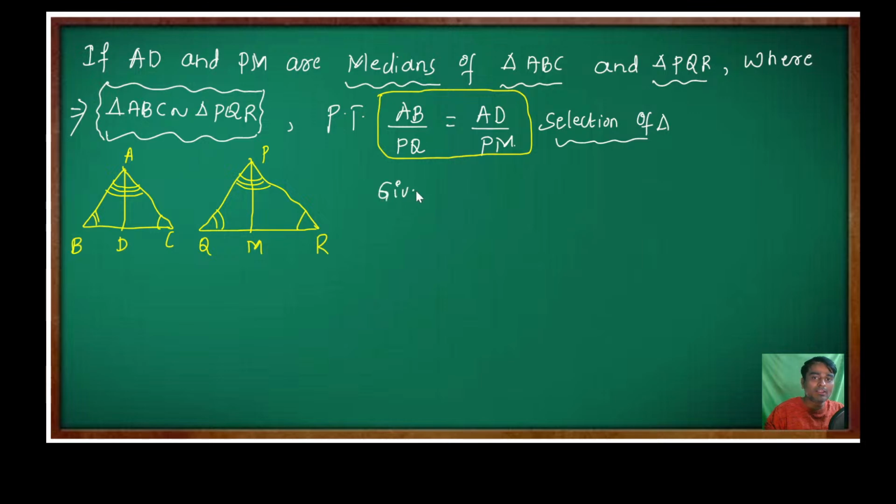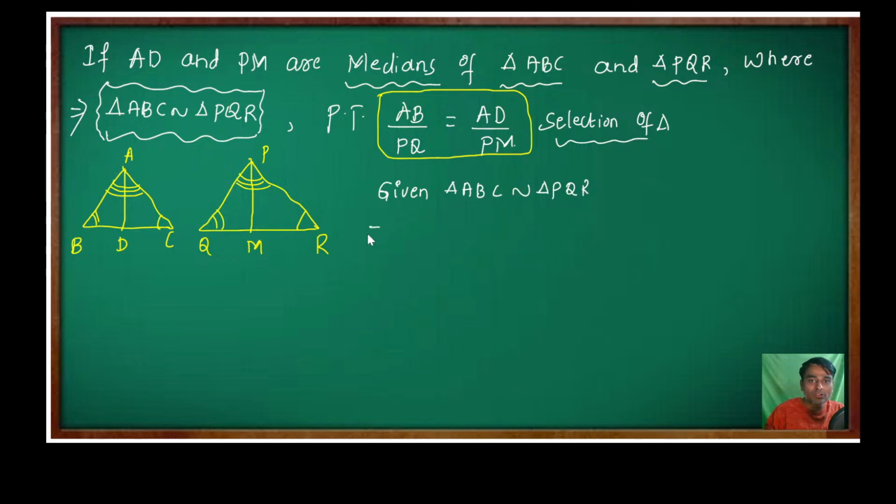Given triangle ABC similar to triangle PQR. If these two are similar, then by Thales theorem, that is by BPT, can we write the corresponding sides equal?